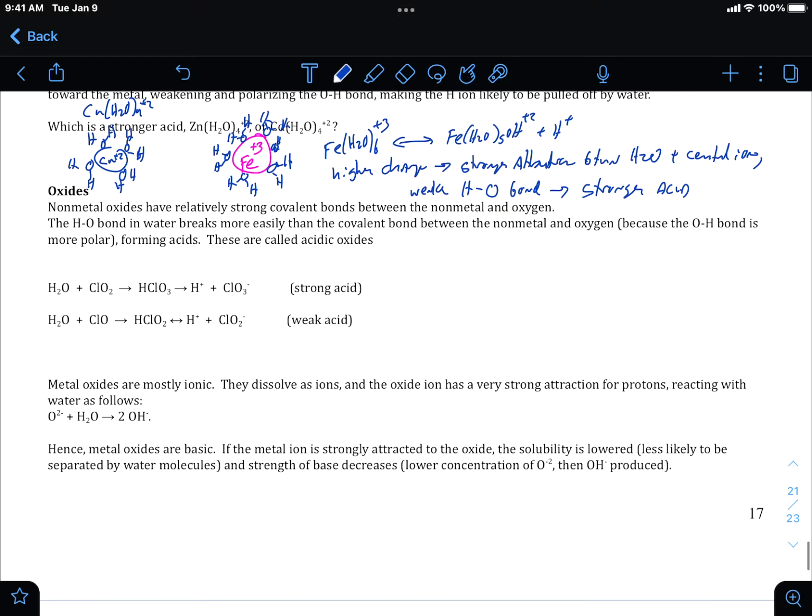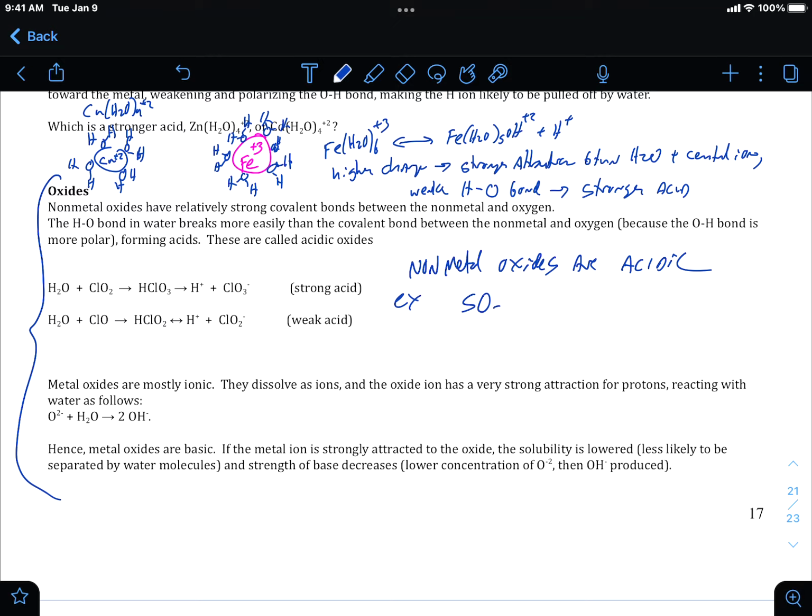And lastly, this last section is not going to be tested, but we'll talk about it since we're here because it does tie into what we've been discussing. So oxides, in general, you need to know that non-metal oxides are acidic.